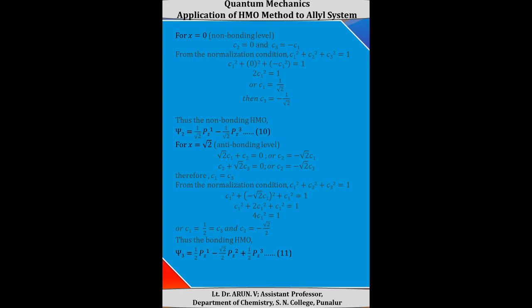Next we have to consider the root x is equal to plus root 2. This corresponds to the antibonding level. Then by substituting the value of plus root 2 into the secular equations in terms of x, we get the coefficients c2 is equal to minus root 2 c1 and c1 is equal to c3.